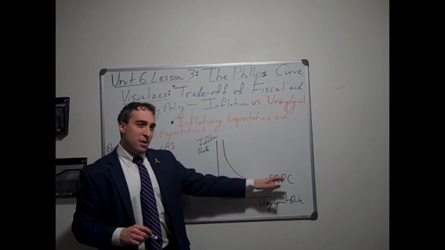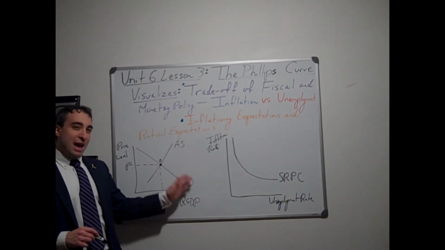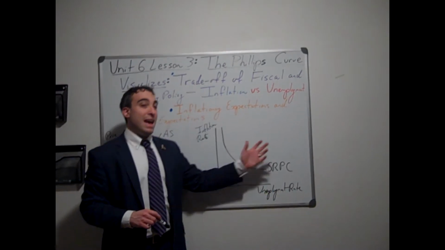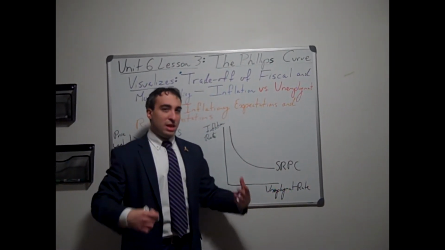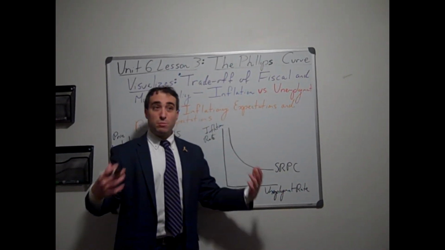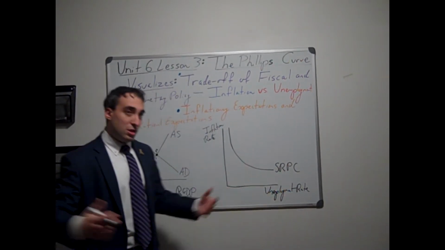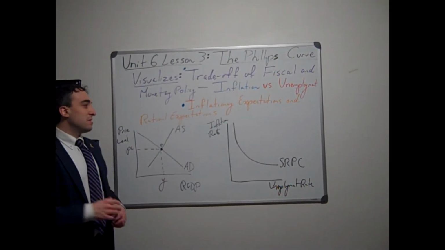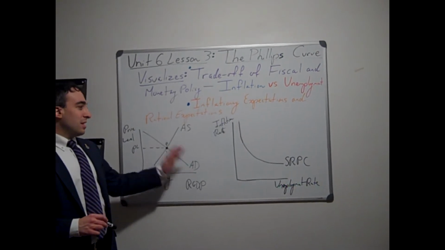And the short-run Phillips curve really represents, very similar to aggregate demand, short-run output. Short-run, people working, people spending, things produced because of the newly spent items. So, let's take a look.